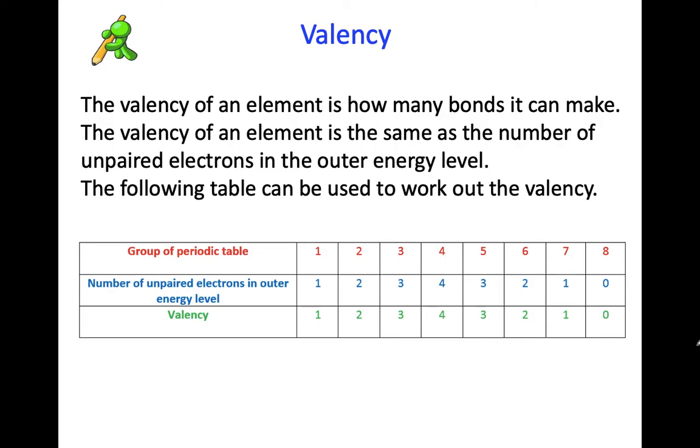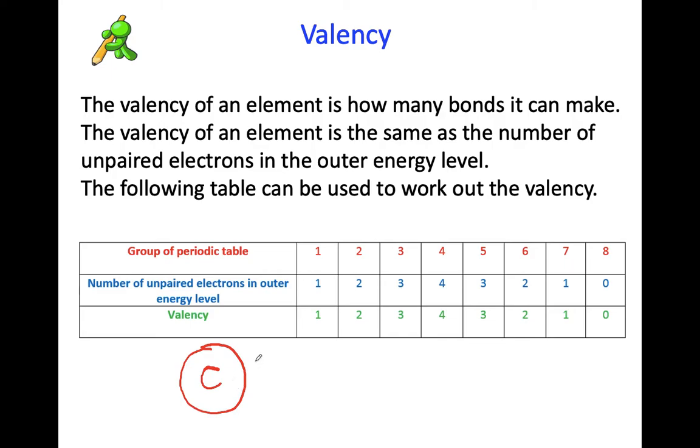Now let me just explain this to you now, particularly for groups 3 and 4, this unpaired statement. It only makes sense if we think back to how we draw out electrons in our energy levels. So what I have here, let's just pretend we are drawing the outer energy level for carbon.